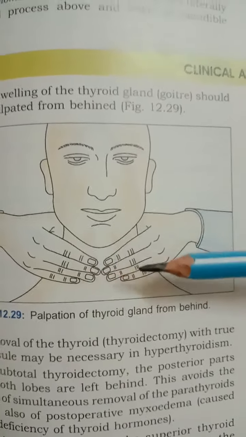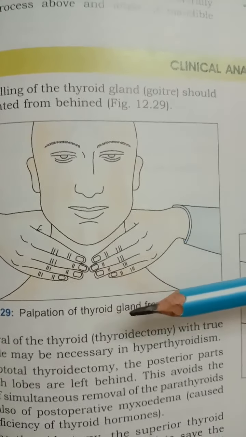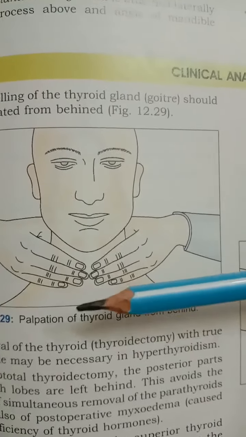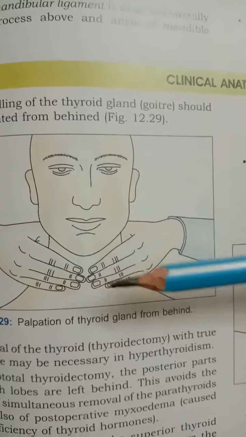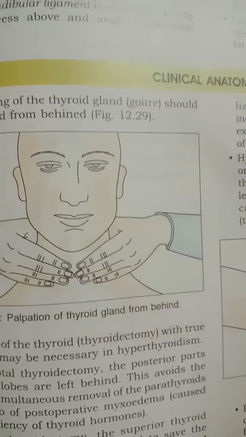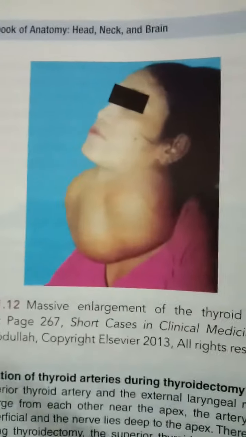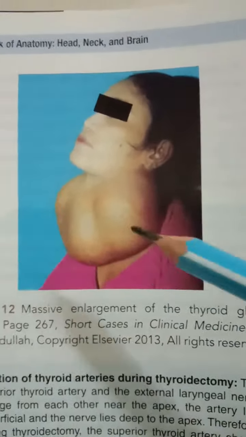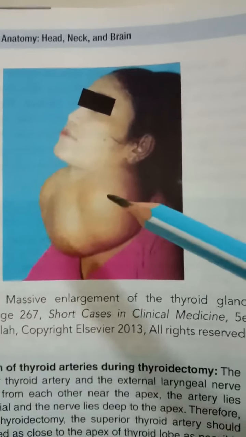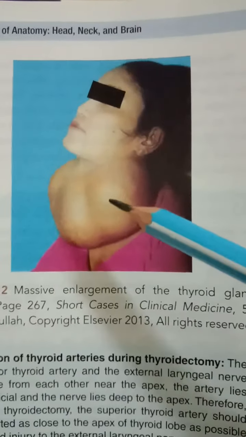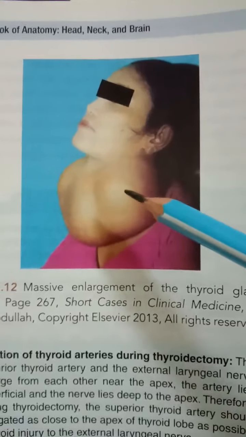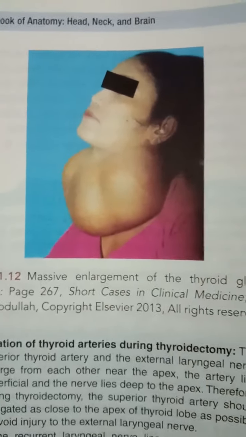Then the removal of the thyroid gland, called thyroidectomy, with the true capsule, may be necessary in hyperthyroidism. Next is the thyroid goiter: any swelling of the thyroid gland is called a thyroid goiter.